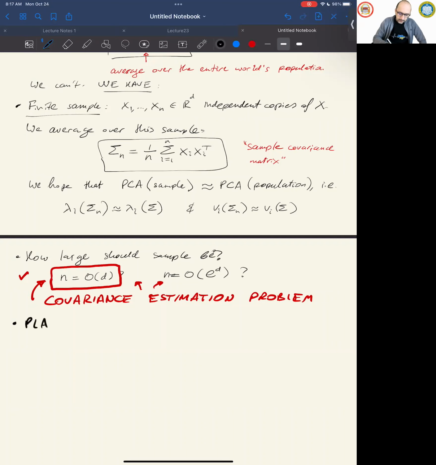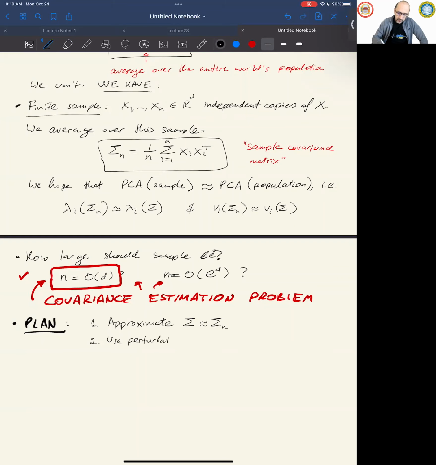So our plan for this week would be, first, to approximate the population covariance matrix by the sample covariance matrix, like this, and then use first order perturbation theory.